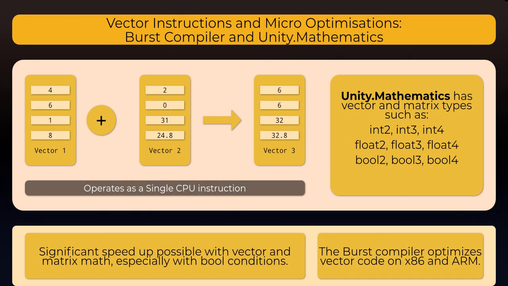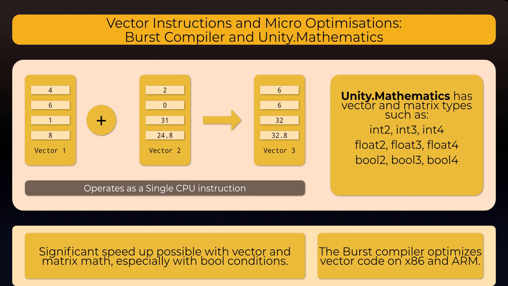Okay, so it's worth noting that apart from multiple threads and that sort of background processing in those threads, the other benefit that you get with the job system is the ability to use things like Unity.Mathematics and the Burst compiler.